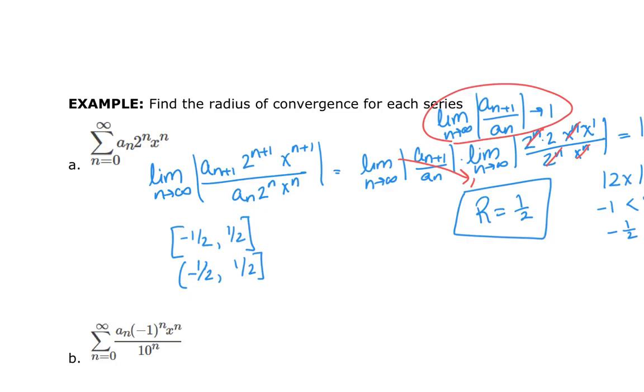I could have inclusive on this side, negative 1/2, and not on the positive 1/2. Or I can have non-inclusive on both sides. So these are the possible things that could happen for my interval of convergence. And I won't know that until I test it, and I will be doing it later. I'm just not doing it in this part. The only part I needed is the radius of convergence, and so I've answered it. These will be answered later in the video.